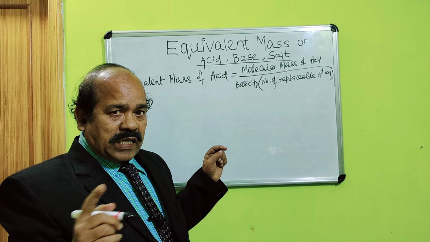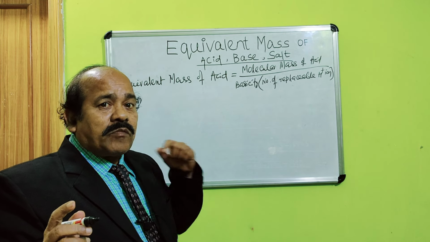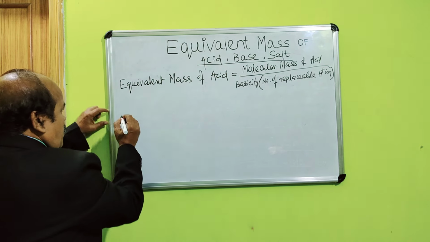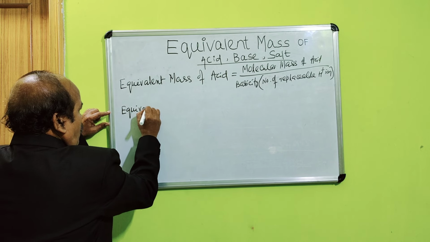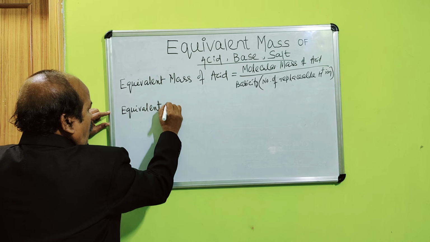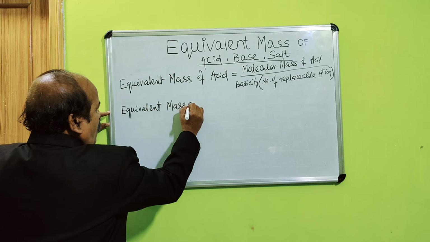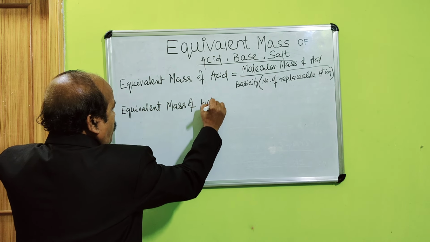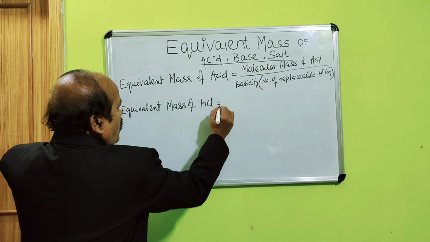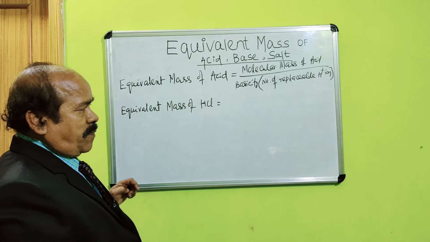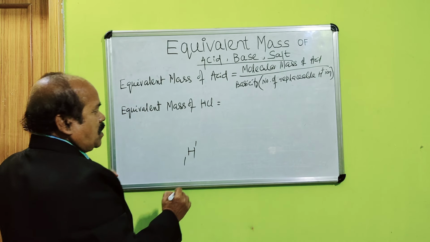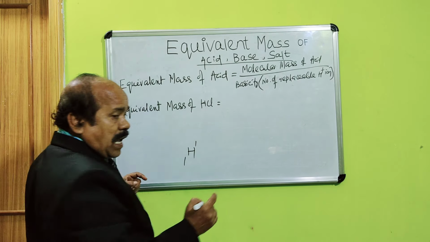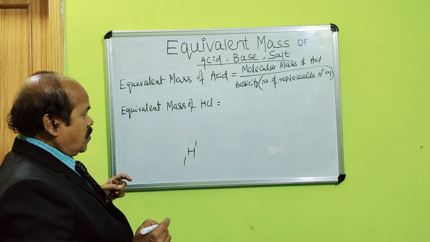I shall explain it in form of some suitable examples. Let it be the equivalent mass of HCl. Molecular mass of acid: hydrogen is atom number 1, mass number 1. We are calculating the mass only.